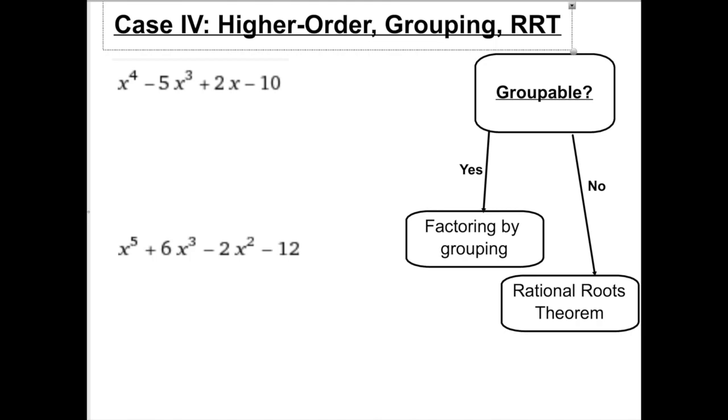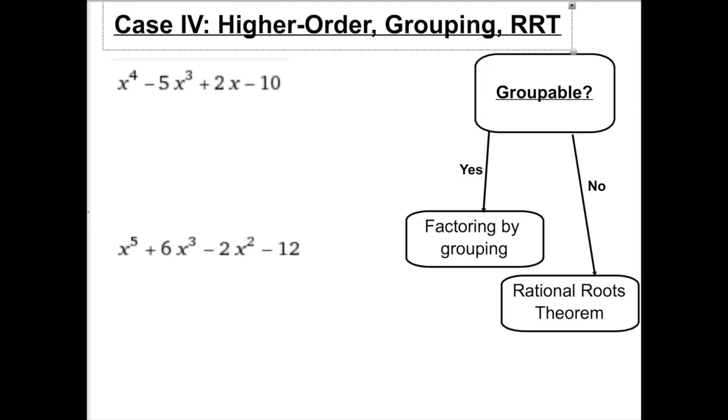All right, so let's say we're at the point where GCFs are all taken care of. It's not a quadratic, so the quadratic factoring strategies are not going to work. It's not a cubic, so the cubic factoring strategies, the difference of cubes, won't work because it's not cubic.